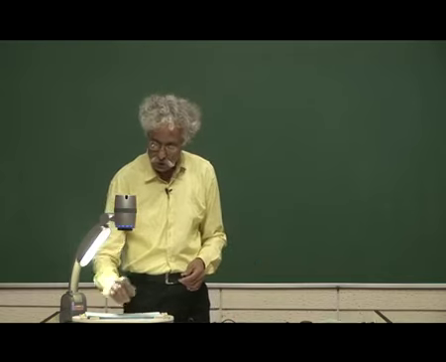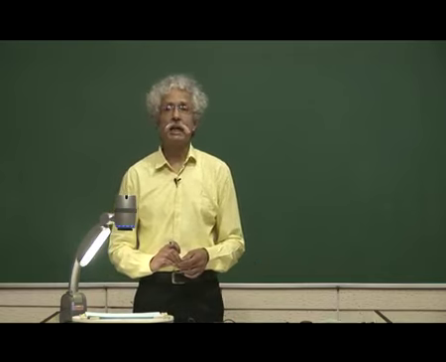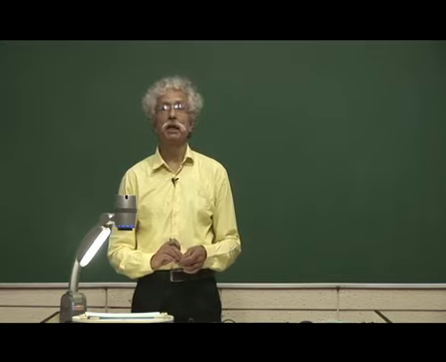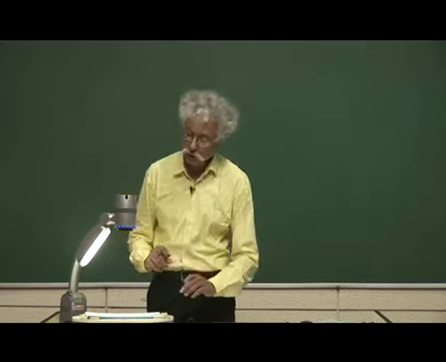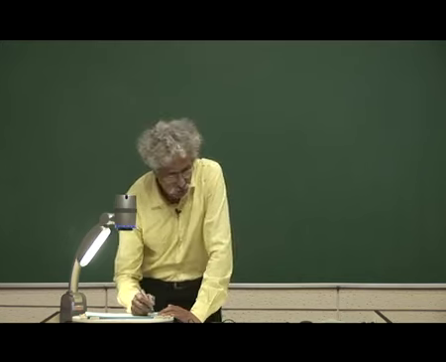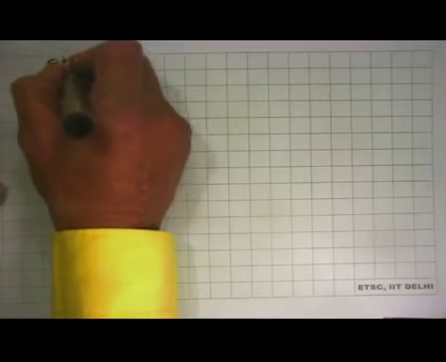Now, a little while ago I mentioned that the electric field and the potential are related to each other. So, let us try to derive an expression relating electric field and potential.